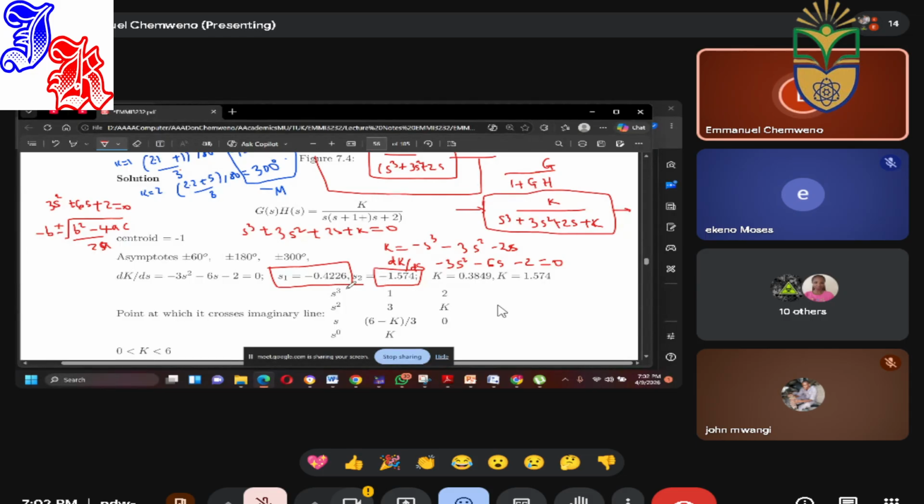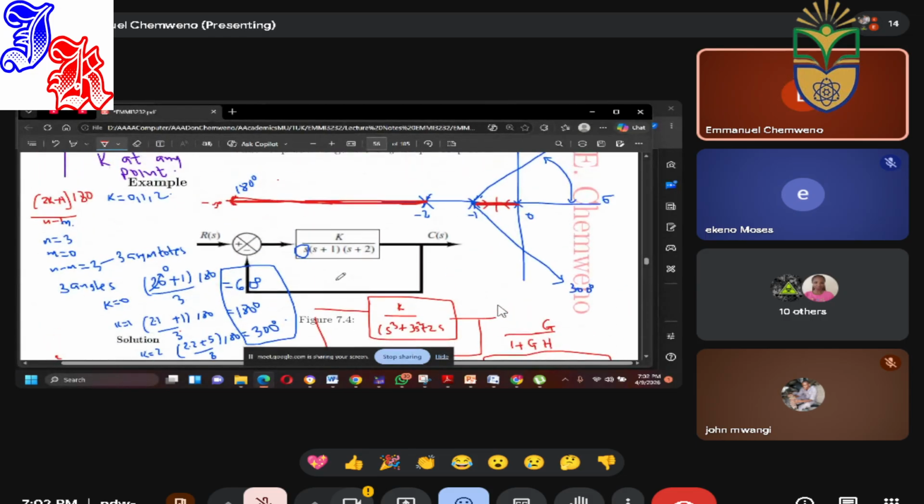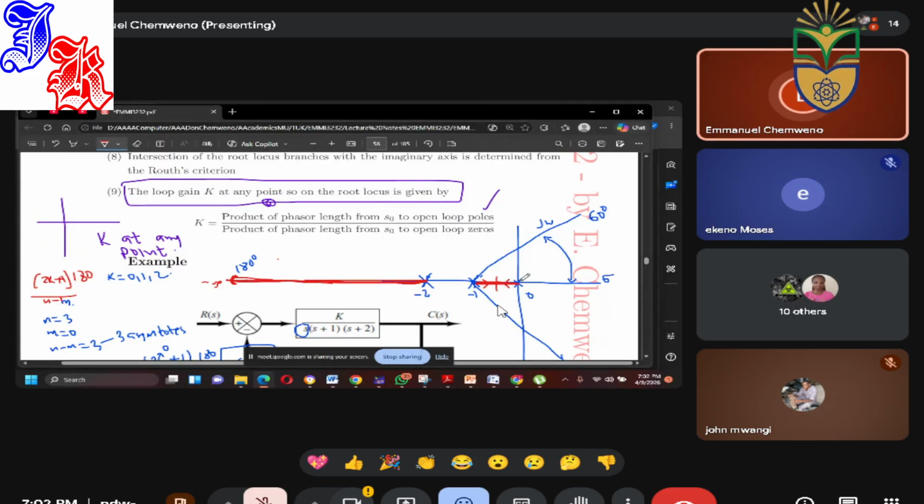Minus 1.5 and minus 0.42. I'm only interested in the solution which is between 0 and minus 1. So it must be 0.42. So 0.42 is somewhere around here. So this will break away that way.